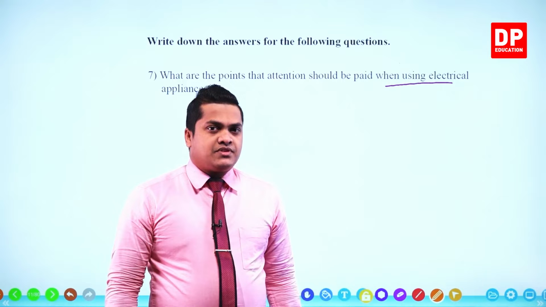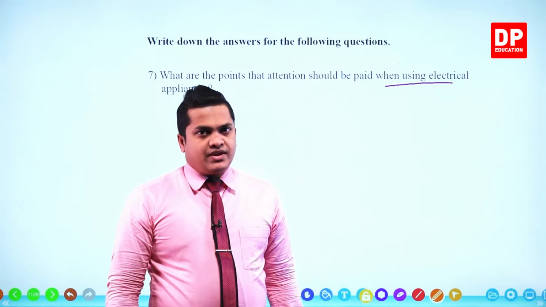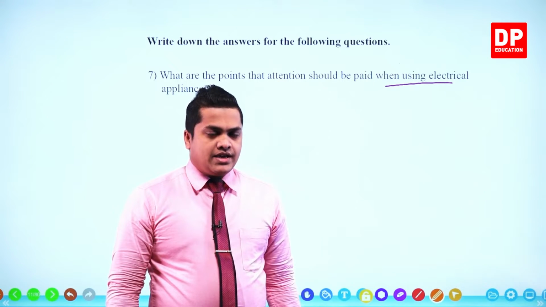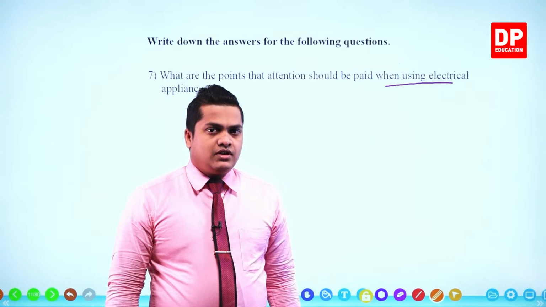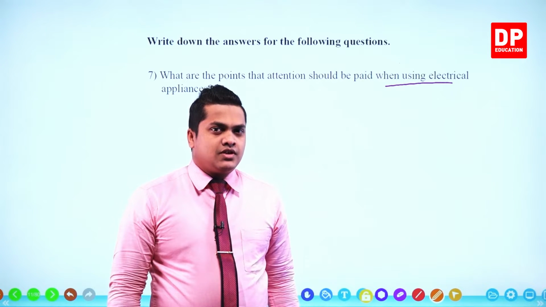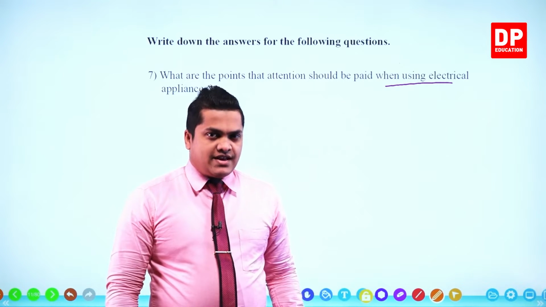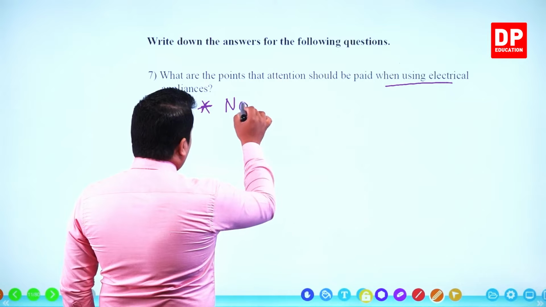If different substances, salts and such, are dissolved in water, then that salt behaves as a conductor, as it has mobile ions. So it's important to dry our hands before touching these electrical appliances. So not touching or not using with wet hands.